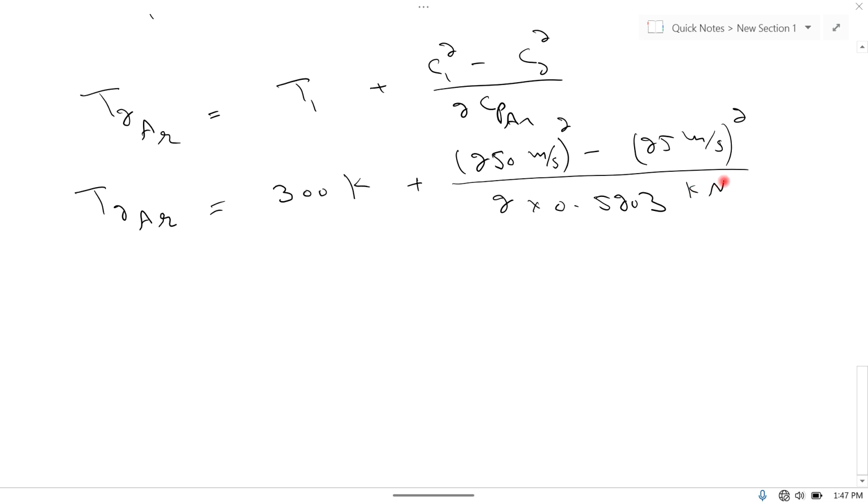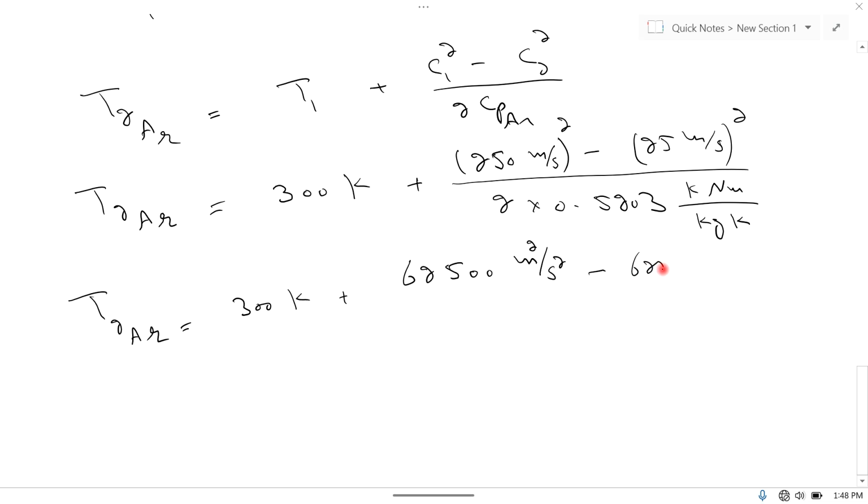Kilojoule is equal to 1000 Newton meter. So T2 for argon is equal to 300 Kelvin plus 250 square, which is 62500 meter square per second square, minus 25 square, which is 625 meter square per second square, divided by 2 multiplied by 0.5203.